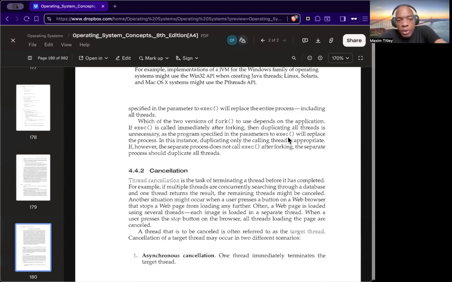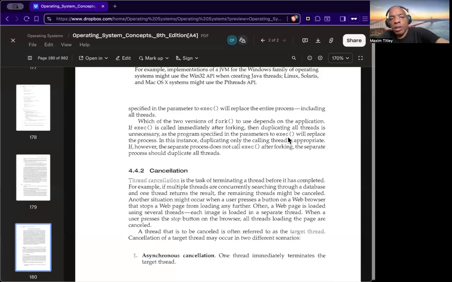Now, in the case of fork, which implementation is used depends on the application. In the case of exec, if exec is called immediately after forking, then duplicating all threads is unnecessary. And that would be for obvious reasons. If we call fork, we're going to create a new process. If that new process decides to call exec, it's going to call it in the context of a new process, not in the former process with the previous thread pool.